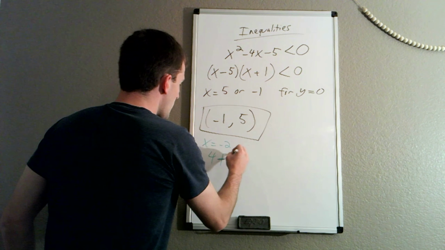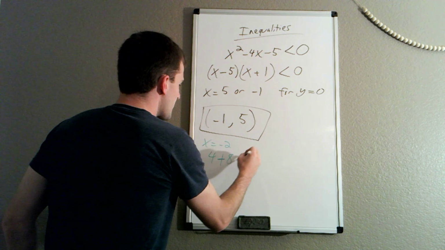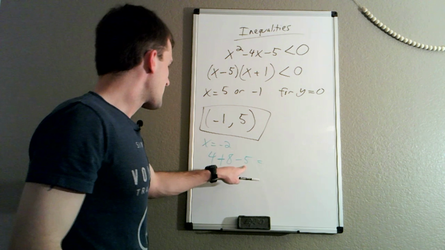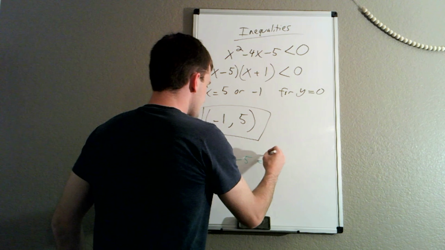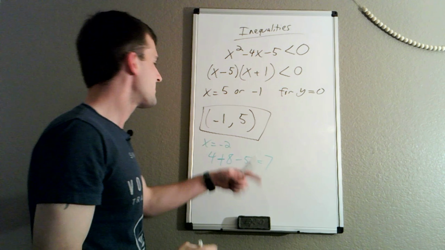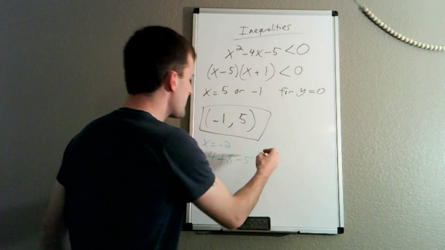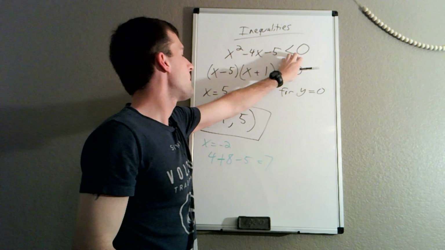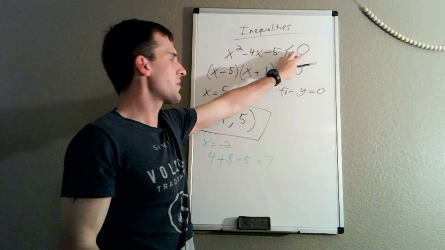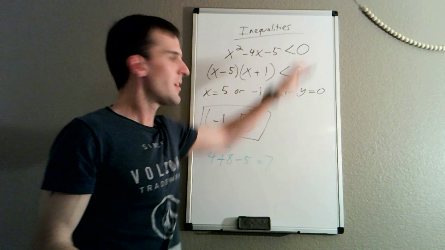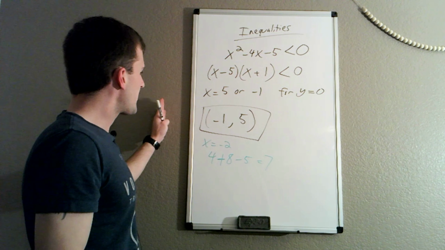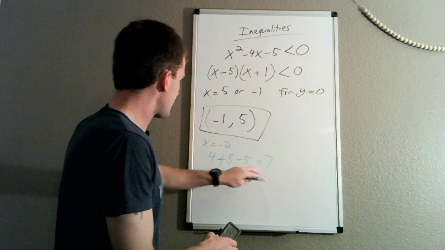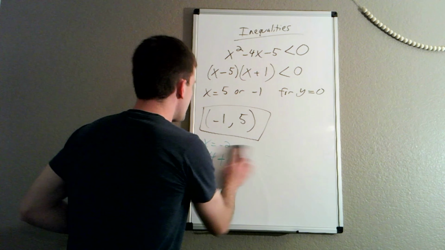So it's actually going to be 4 plus 8, and then we have minus 5. 4 plus 8 minus 5 is going to be 7. 7 is positive, so that would not fall under this rule. 7 is obviously greater than 0, not less than. So we know that at least on the left-hand side, this is correct. We should not be including anything less than -1.